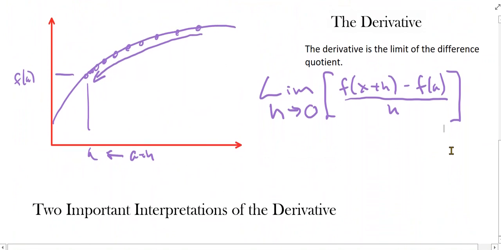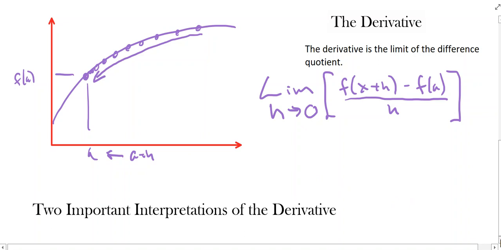So as the second point gets infinitely close to the first one, essentially we only have 1 point. Now, if H was equal to 0, we would have 1 point, but it never does equal 0. Remember, it's approaching 0. It's getting infinitely close to it. When that happens, we essentially treat it like it was just a single point.